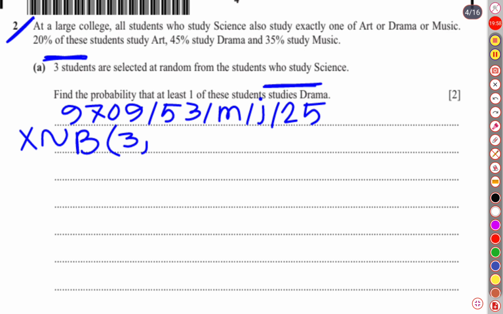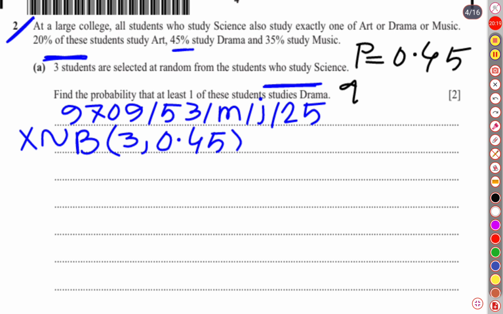For drama, the probability is 0.45, so p is equal to 0.45, whereas those who do not study drama have probability 0.55.